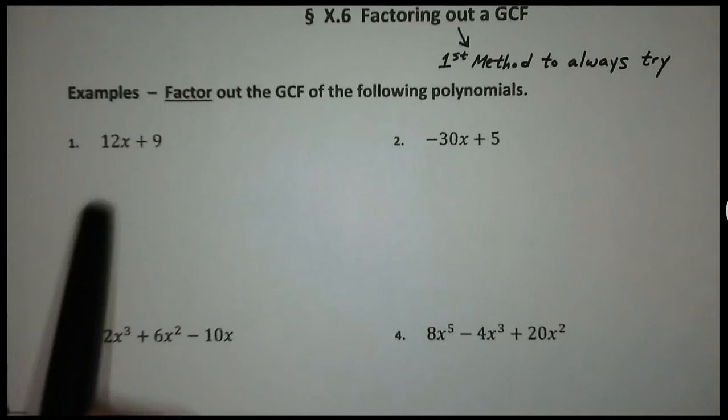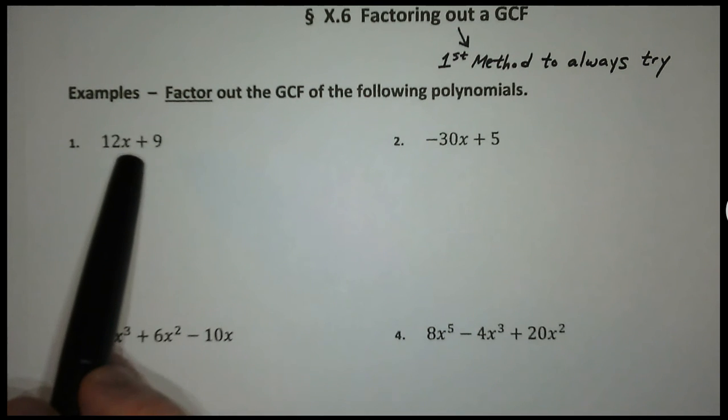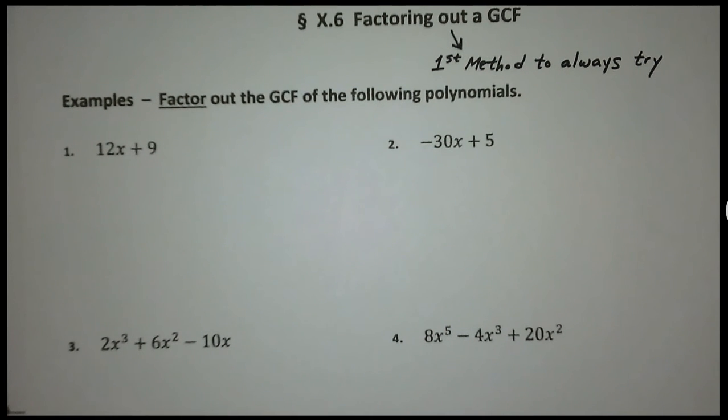Greatest common factor. You look at all the terms you have. Here there's just two terms. And you think, what's between the 12x and the 9, the positive 12x and the positive 9? What is the greatest common factor between those two terms? In other words, what's the biggest monomial? What's the biggest thing that you can divide away from both?